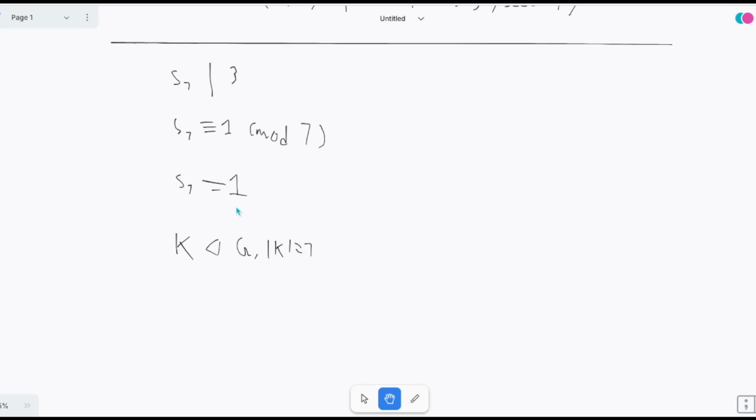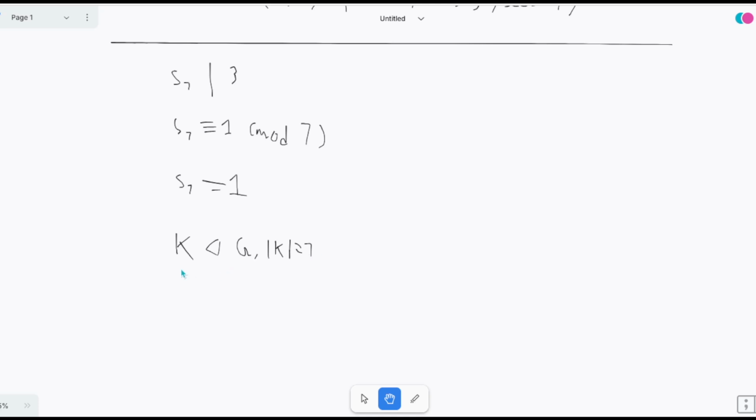Can you hear me? Great. So because it has order 7, because 7 is a prime number, obviously it's going to be cyclic, so it's going to have some generator x.